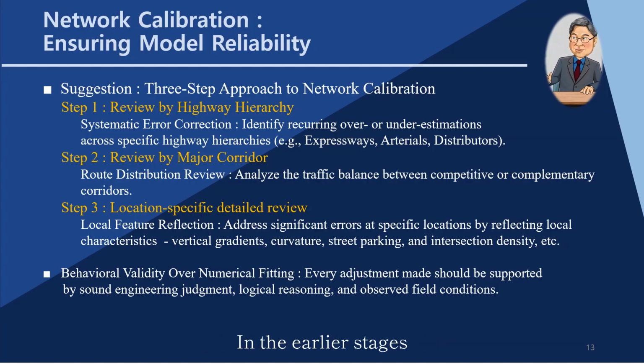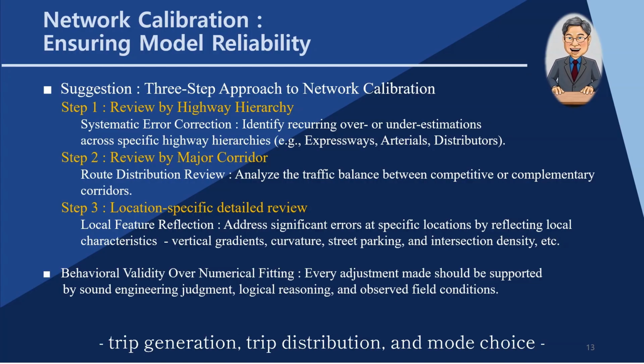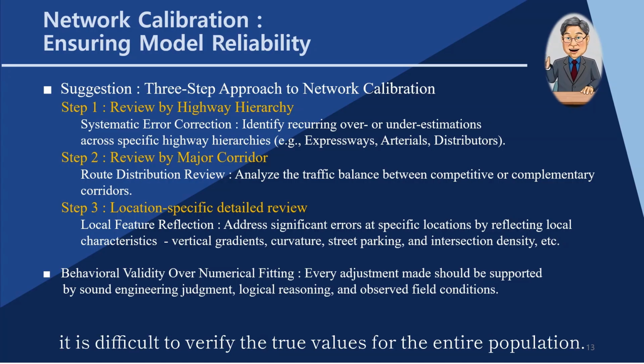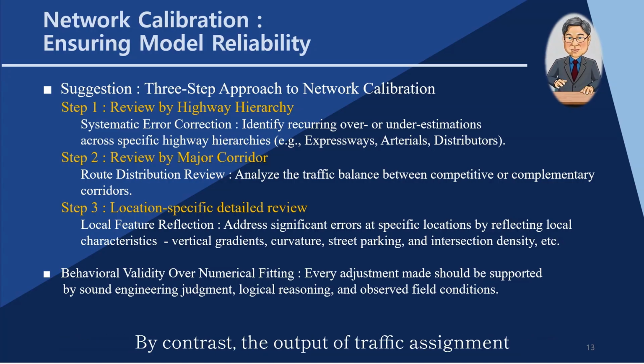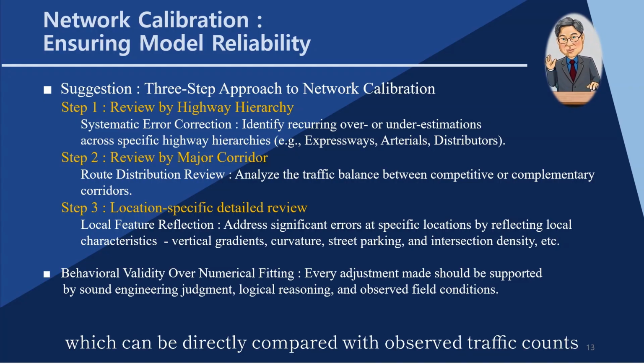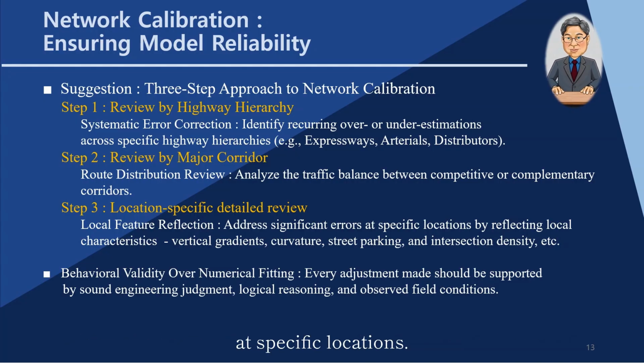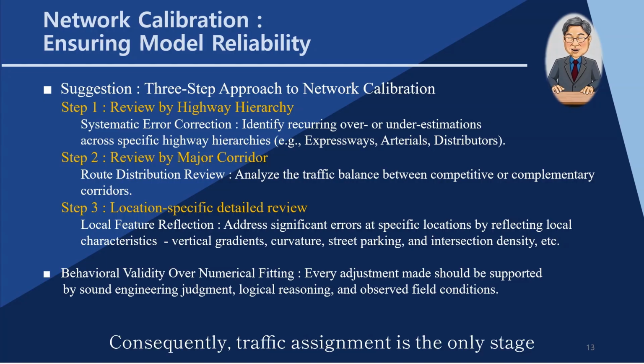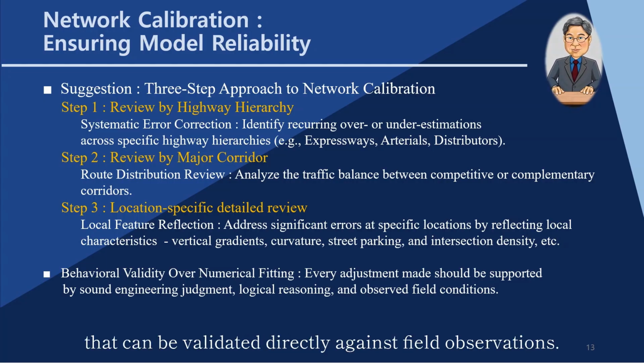In the earlier stages, trip generation, trip distribution, and mode choice, it is difficult to verify the true values for the entire population. By contrast, the output of traffic assignment consists of link traffic volumes, which can be directly compared with observed traffic counts at specific locations. Consequently, traffic assignment is the only stage of the four-step model that can be validated directly against field observations.